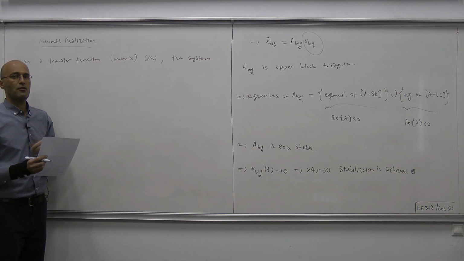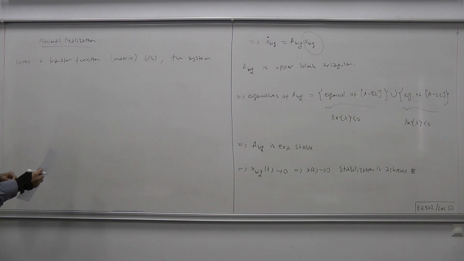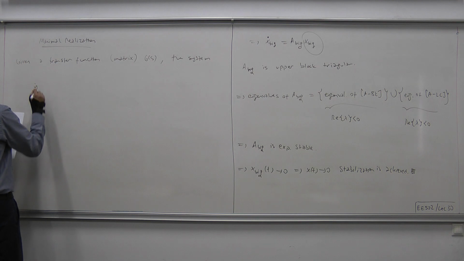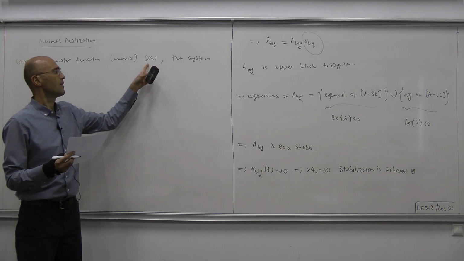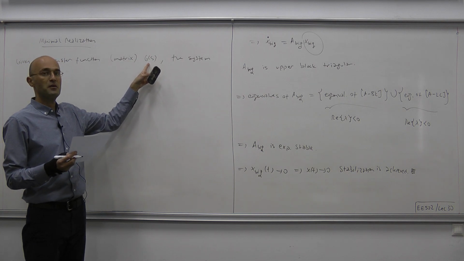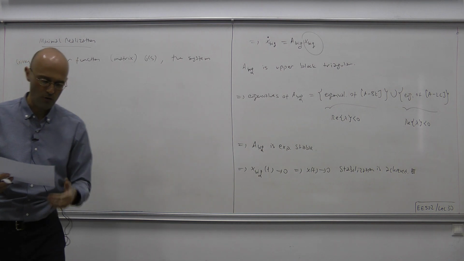For this transfer function, suppose that we obtain a realization. That is a state space representation that would produce, when the relation between its input and output is considered, this given transfer function G of s.